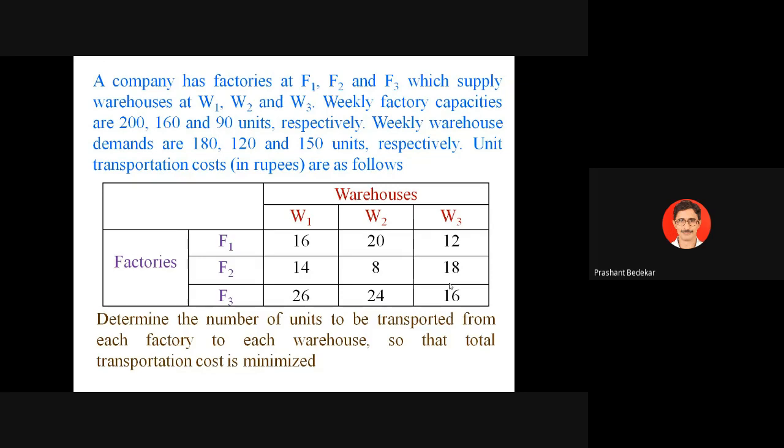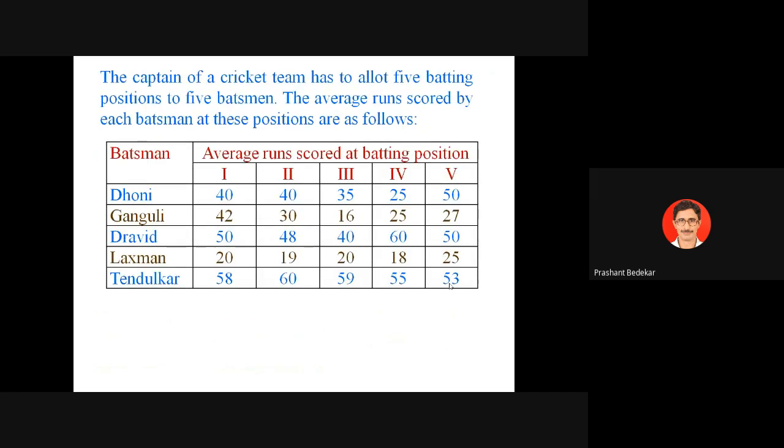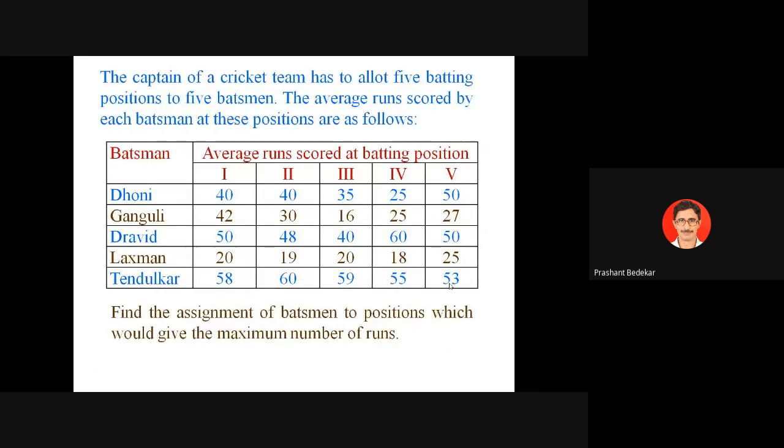And I will come to a very interesting example now. The captain of a cricket team has to allot 5 batting positions to 5 batsmen. The average runs scored by each batsman at these positions are as follows. And these average runs have been obtained from the previous matches that Dhoni, Ganguly, Dravid, Lakshman and Tendulkar have played.